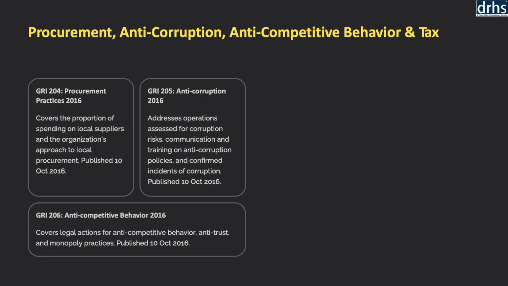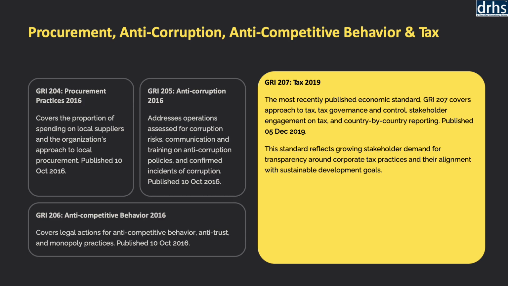GRI 206, Anti-Competitive Behavior, 2016, addresses legal compliance in relation to antitrust and monopoly regulations. By mandating transparency on violations and corrective actions, it promotes fair competition and market equilibrium. Notably, GRI 207, Tax, 2019, introduces a transformative dimension of fiscal transparency through country-by-country reporting and governance disclosures.